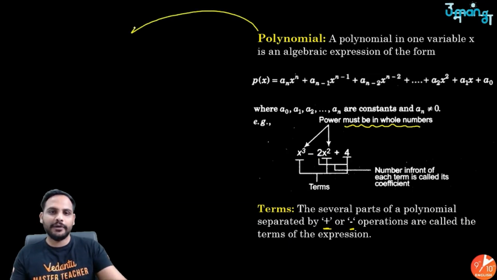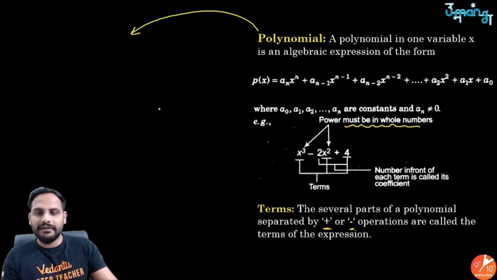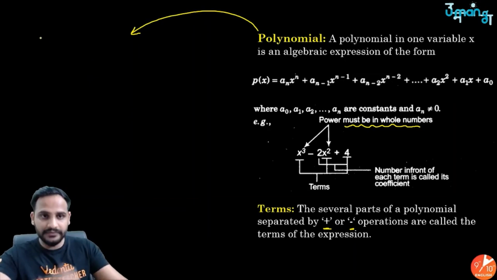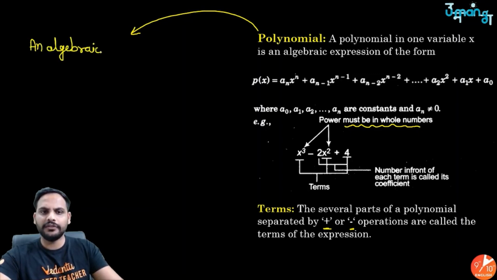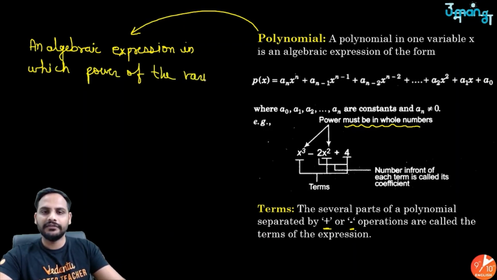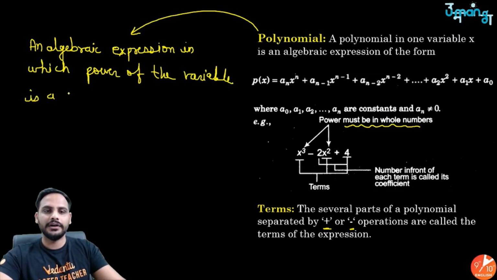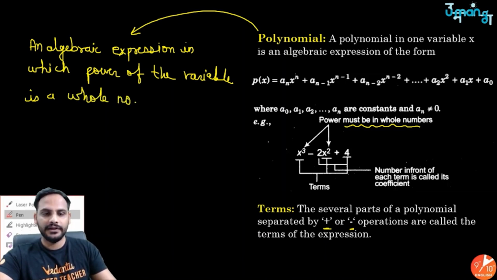So the definition of polynomials, if someone asks you, remember: a polynomial is an algebraic expression in which, listen very carefully, the power of the variable is a whole number.